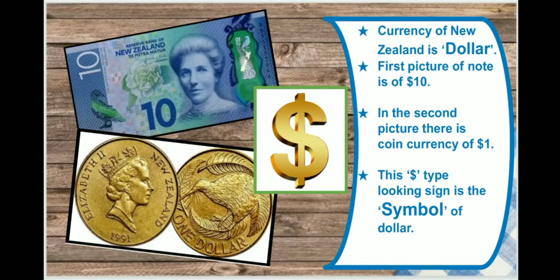The value of given coin currency of New Zealand is $10. Sorry, that is the value of paper currency, and the value of coin currency is $1. And this S type figure is there. This is symbol of dollar. And as you know, we always write the symbol of dollar before the money.